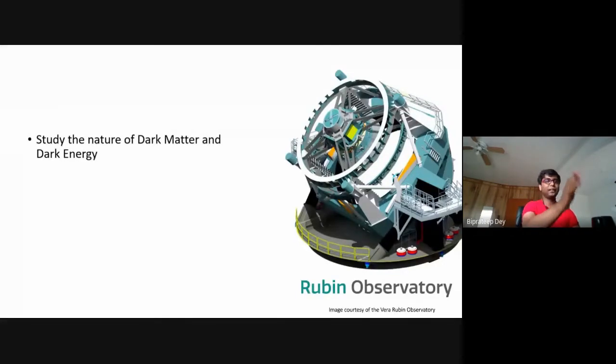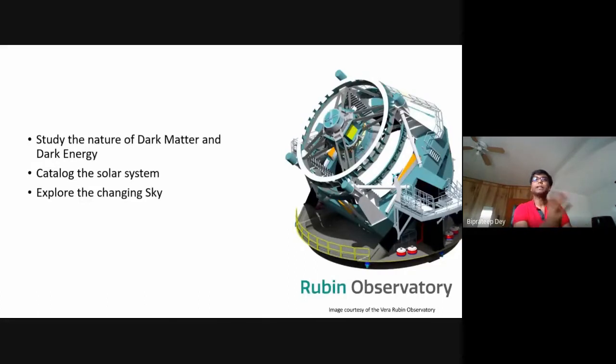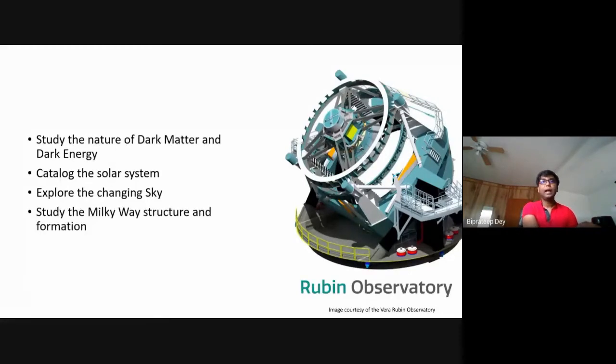This includes things I was talking about, like studying dark matter and dark energy, cataloging things within our solar system, because we never had such a big telescope looking at the whole sky before. We can also explore how the sky changes with time, like transient phenomena such as supernovae or variable stars. And we can also study the structure of the Milky Way.